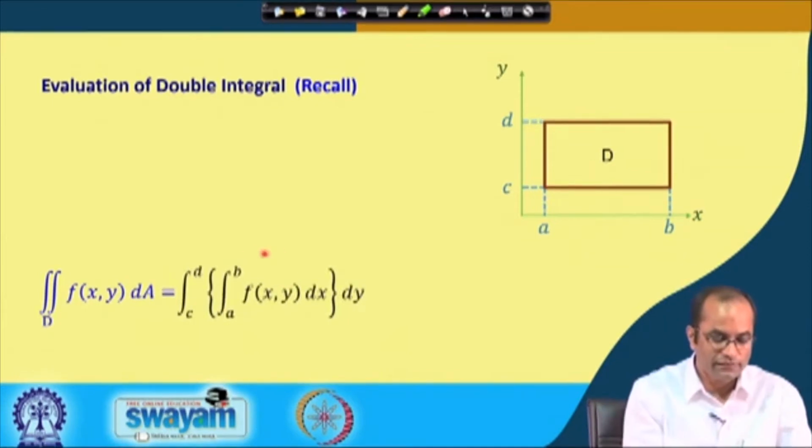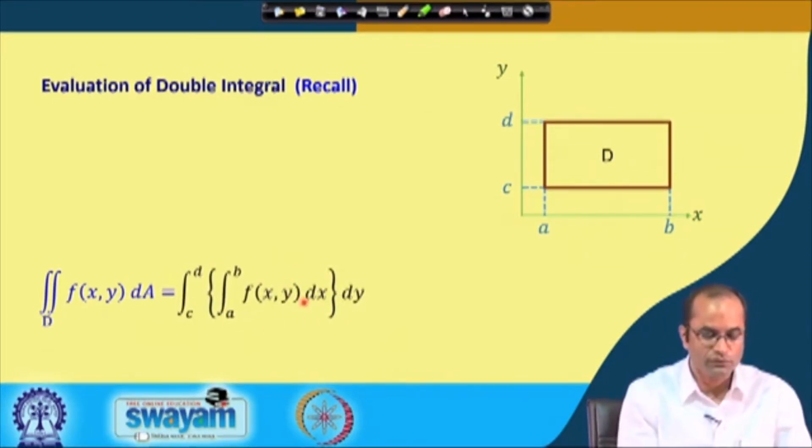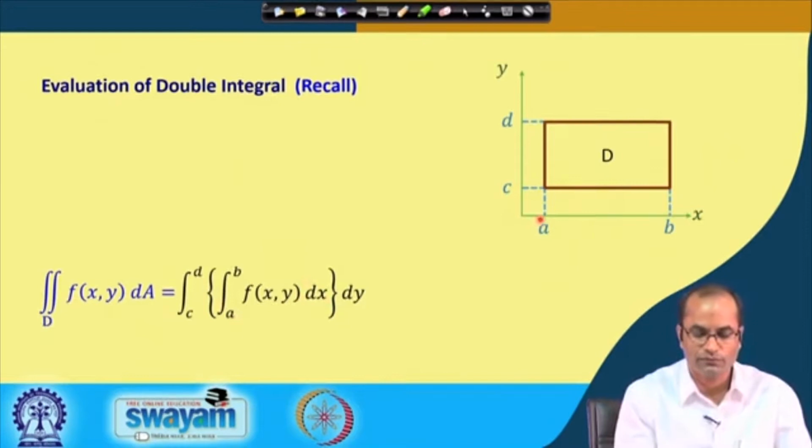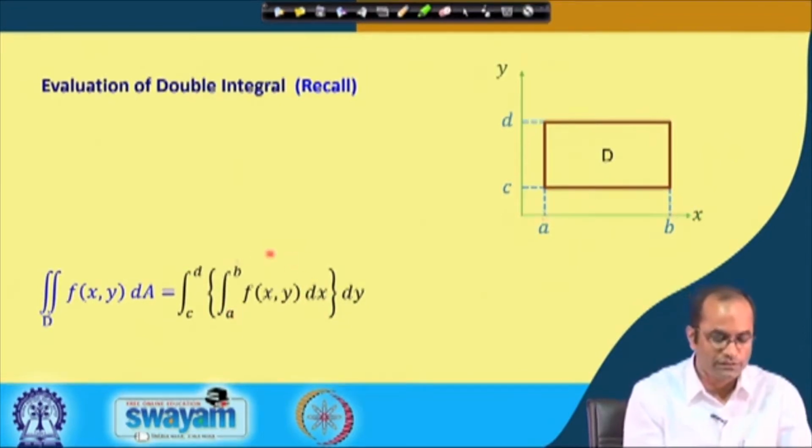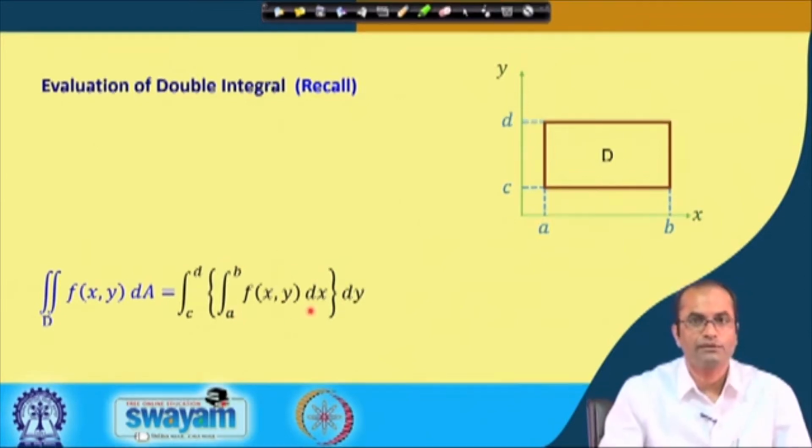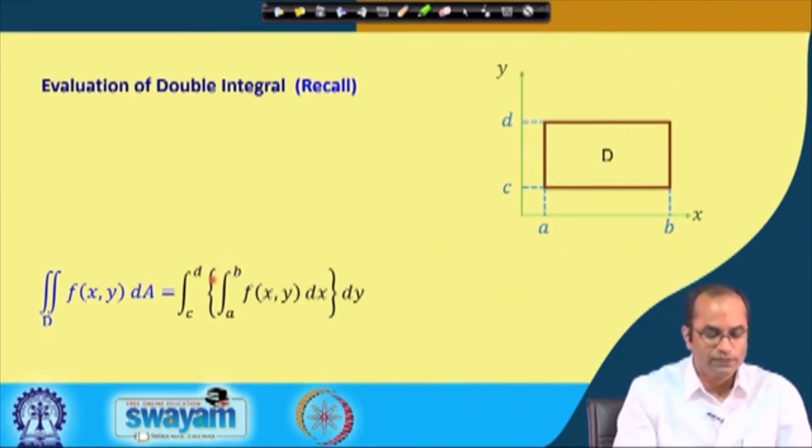Either we can integrate this function over dx, and the limit for x will go from a to b. First evaluate the single integral with respect to x, and this will be a function of y which can be integrated in the second step with respect to y. The limits of y will be from c to d.